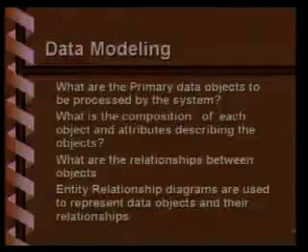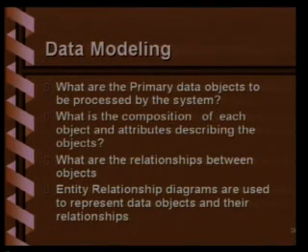The next thing which we have to do in modeling is data modeling, in which we say what the primary data objects to be processed by the system are, what the composition of each object is, the attributes describing the objects, and what the relationships between the objects are.